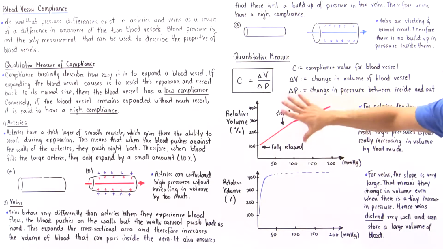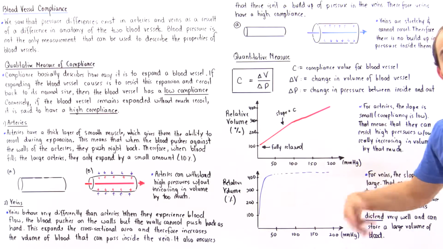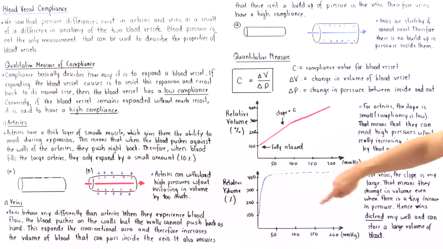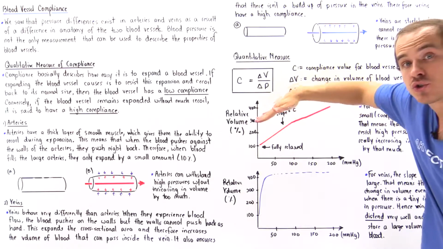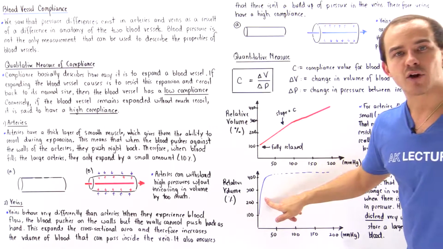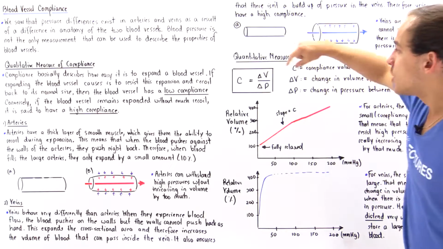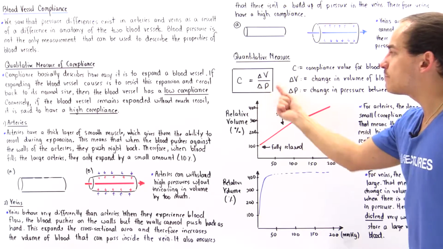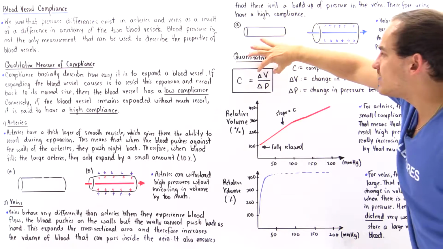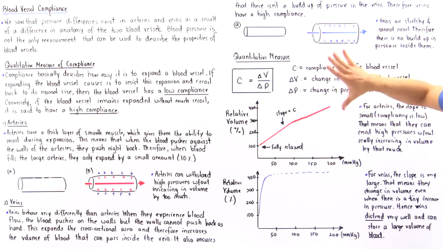Now, this is the same exact graph, except here we're using our veins. And right away notice that the slope for our artery is much lower than the slope of our vein. Why is that? Well, that's because we have to apply a very high pressure to actually increase the volume of our artery.